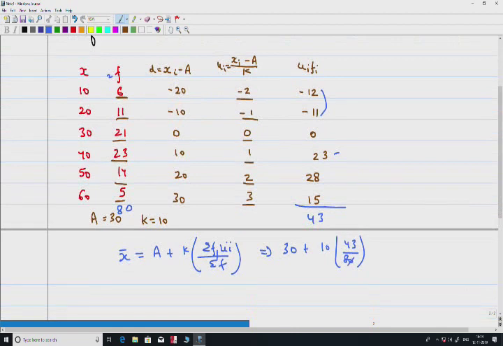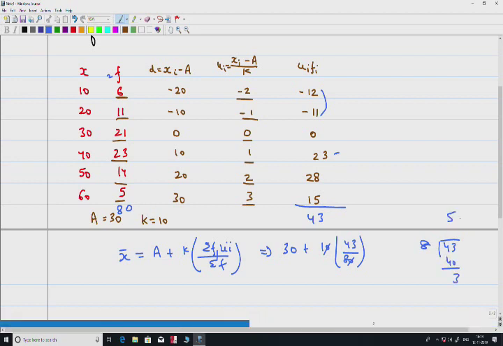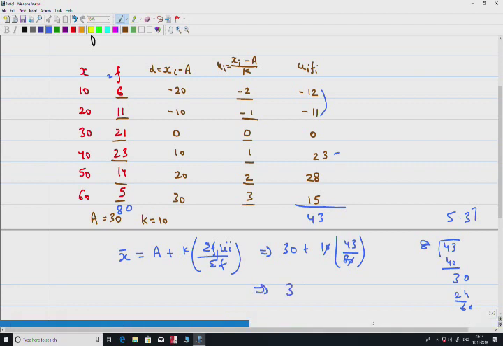So basically 43 divided by 8. So if we see 43 divided by 8, 8 5 times 40 and 3, 8 3 is a 24, 6, so 5.37 basically. So 35.37 years. That is the value of the mean.